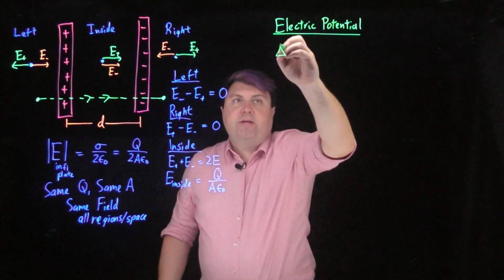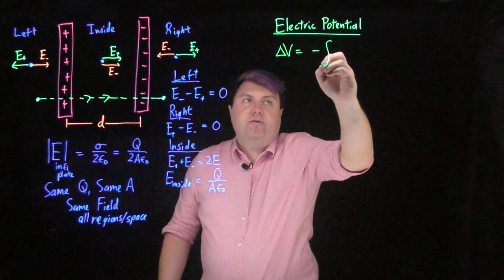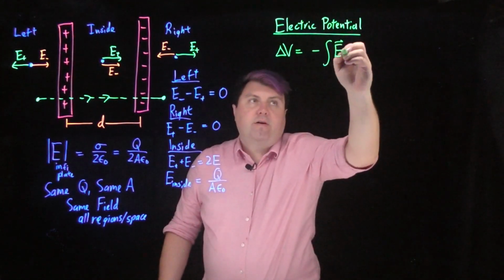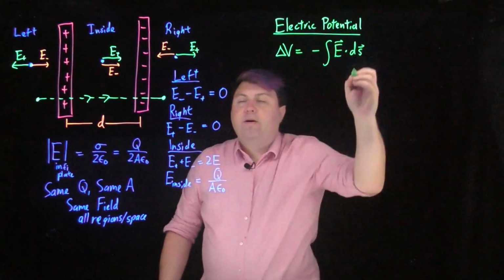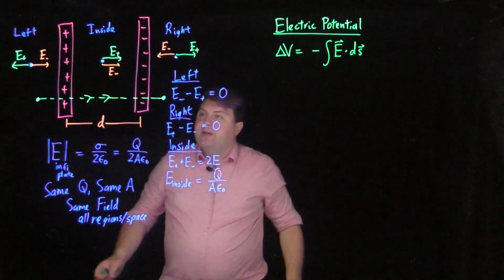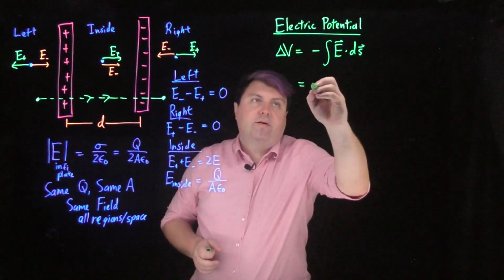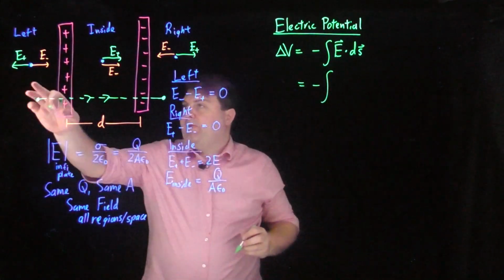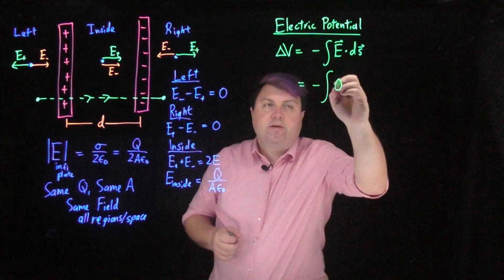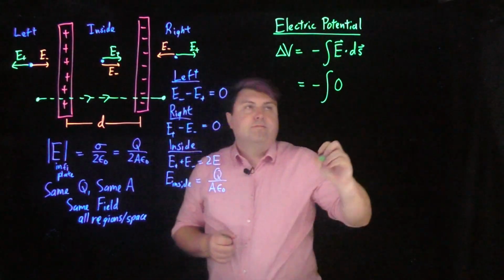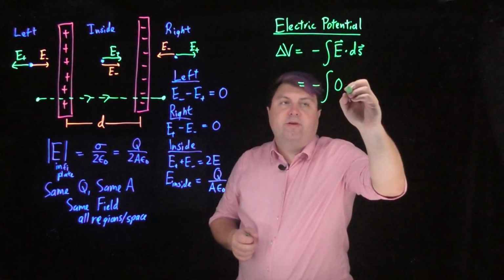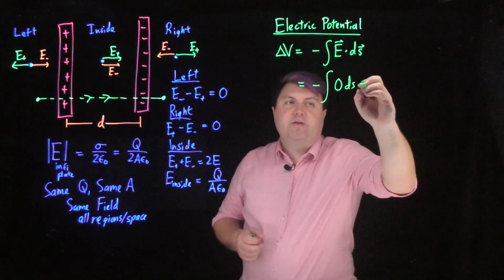My electric potential delta V is equal to the negative integral of E dot ds. Wherever I start on the left, the electric field is 0, so 0 dot ds is going to give me 0.